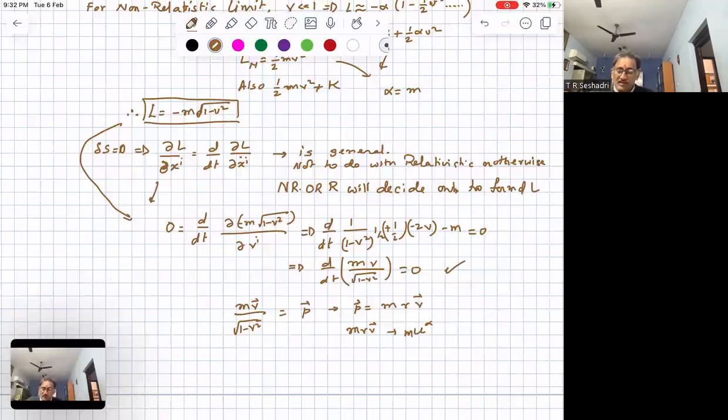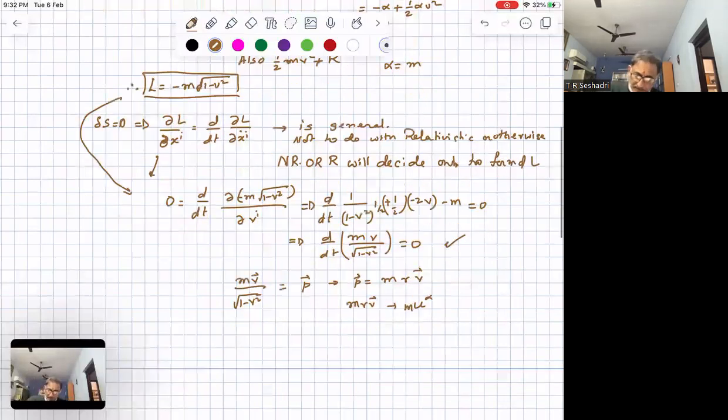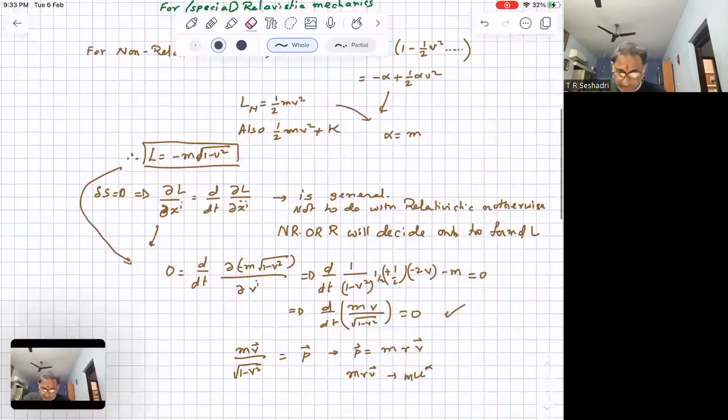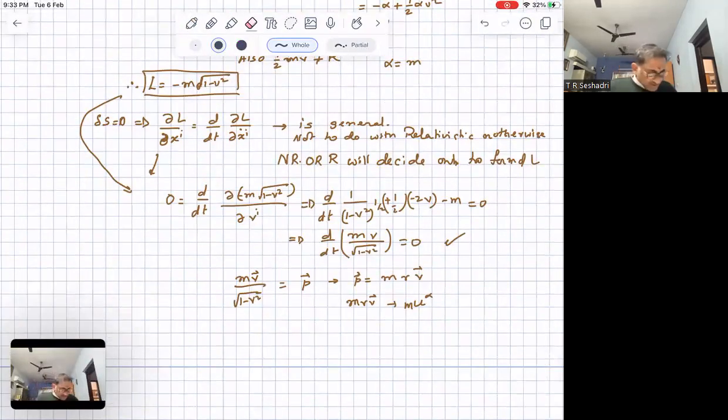See, u alpha was gamma times v alpha. You remember, right? So you had u0 equal to gamma, u alpha equal to gamma v alpha. So you are seeing everything matches now. Everything ties up very well. Okay, so this is momentum, dp by dt.